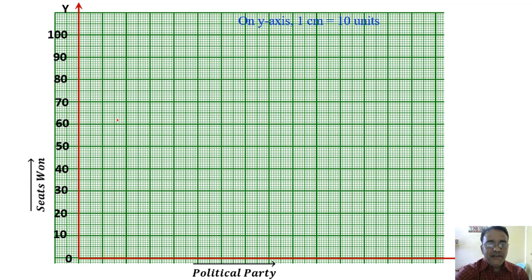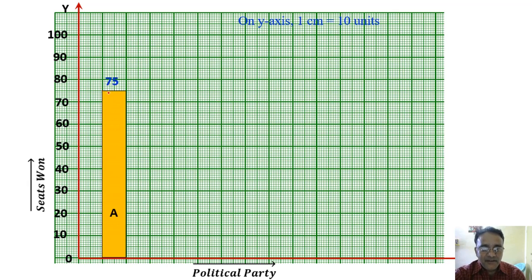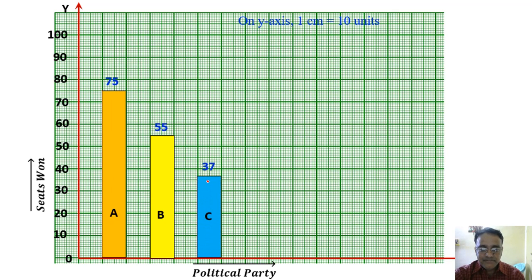So 75 means up to 75, middle it will come. This is political party A. And second one is 55. 55 यहाँ पर आएगा. Next one is 37. So 30 के बाद 7 grid. Okay. Next one is 37 के बाद 29 था. 20 के बाद 9 grids. यहाँ तक. Then 10 up to here.